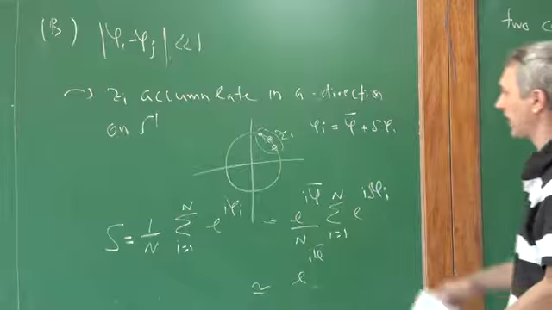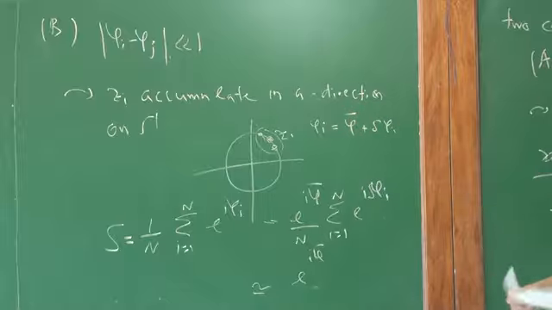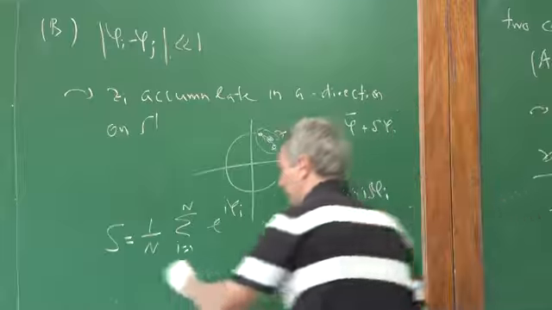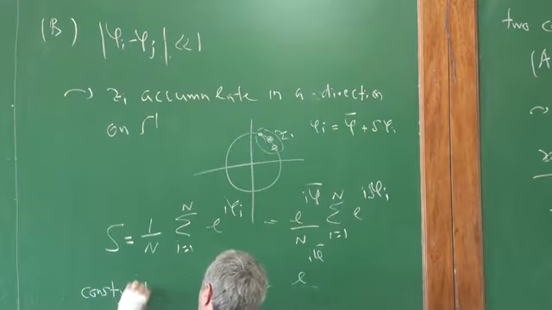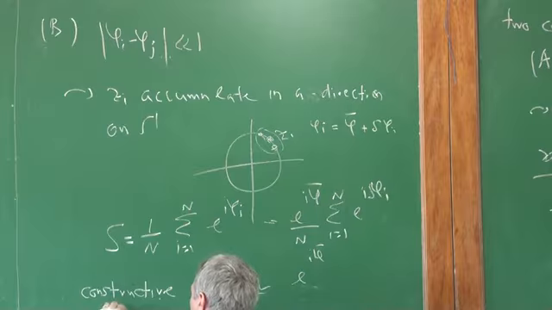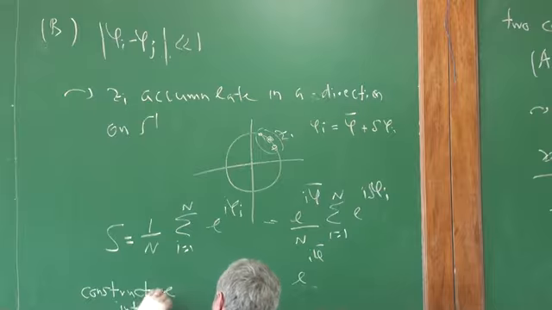And what you have is a coherent sum of many complex numbers. So in the way I call this destructive, you could call this constructive interference, but maybe the better statements would be coherent and incoherent sums of things.